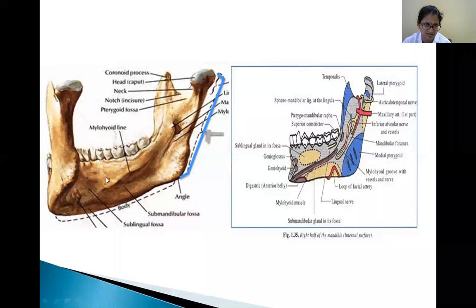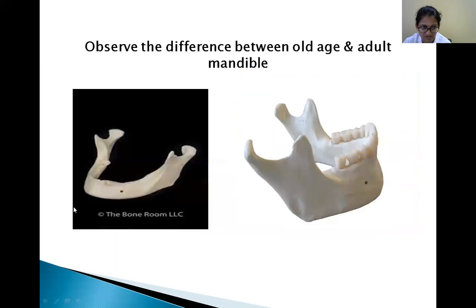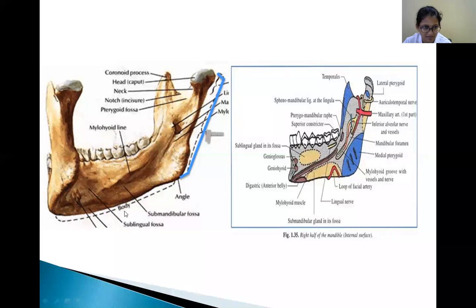This mylohyoid line extends from just behind the third molar tooth up to the midline, just below the genial tubercles and the digastric fossa. These two are the digastric fossae.